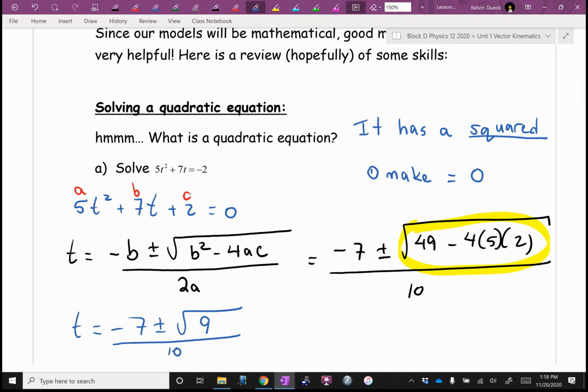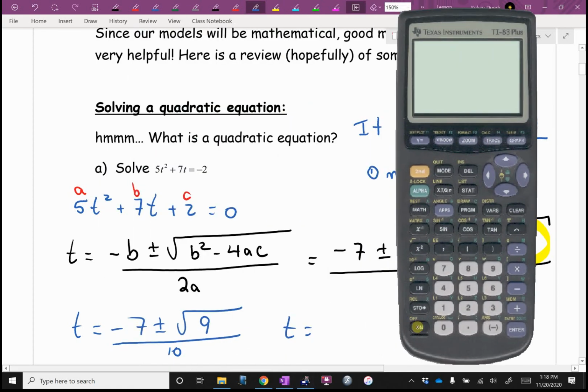Now, I know the square root of 9 is 3, everybody, but what if it had been a yucky number? I'll show you how we would type this in. So now I'm going to say t equals, and I'm going to get out my calculator. Is this a fraction? Yes. Is there more than one thing on the top? So brackets around the top, or use your fancy schmancy two-level fraction button. But I'm going to go bracket -7, and I usually do the plus 1 first.